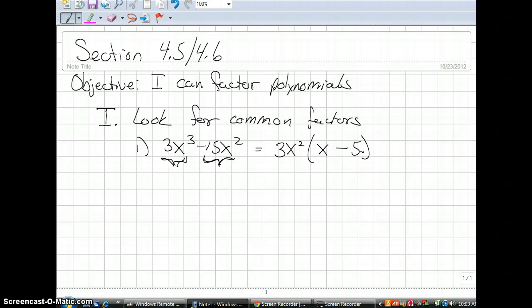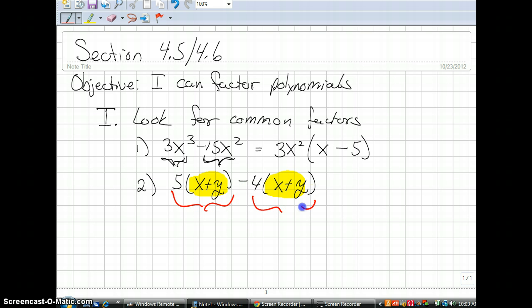Another type of common factor might look like this: 5 times (x plus y) minus 4 times (x plus y). Well, remember, if something's in parentheses, we treat it like a single number. So there's two terms here. Here's one term, here's the second term.